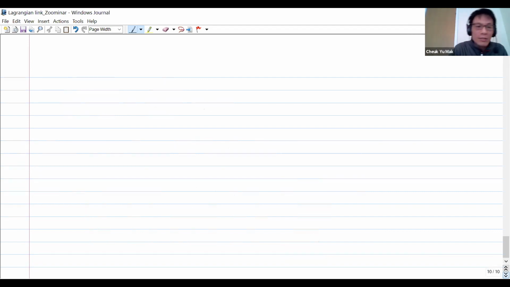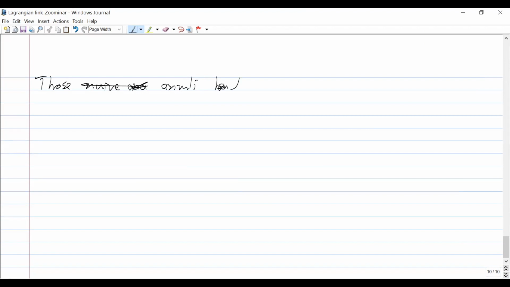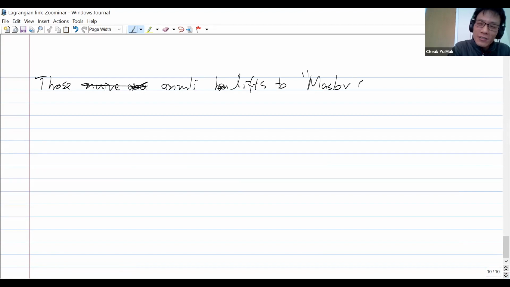The role they play is that those naive annuli actually lead to Maslov zero disks in the symmetric product with boundary on this Lagrangian.